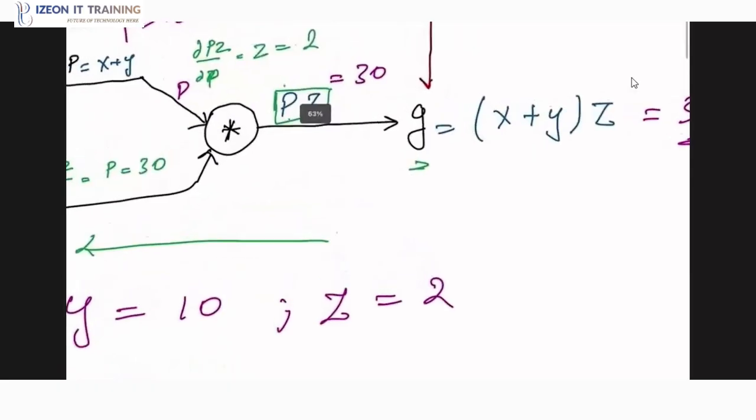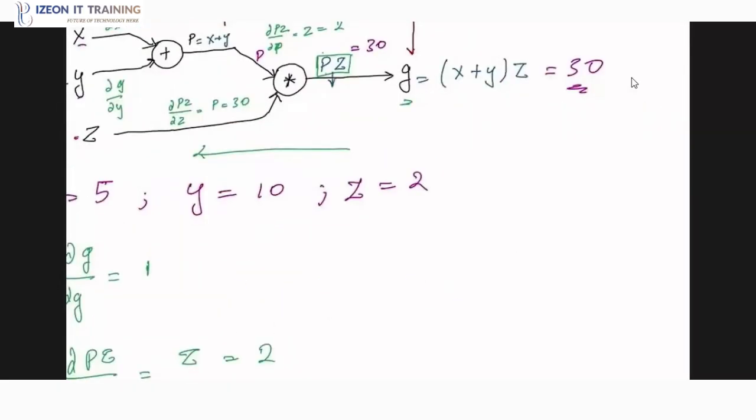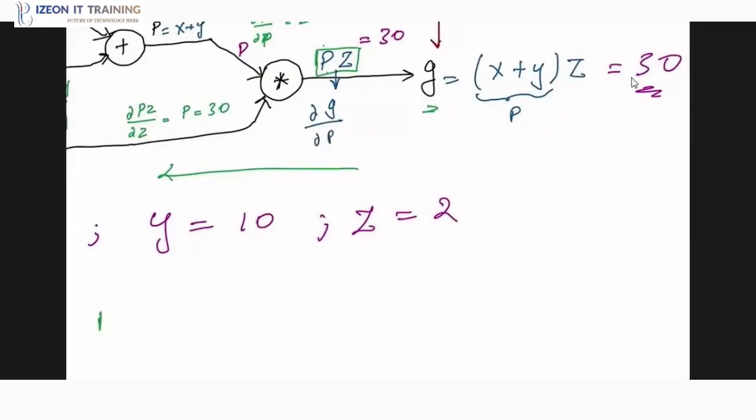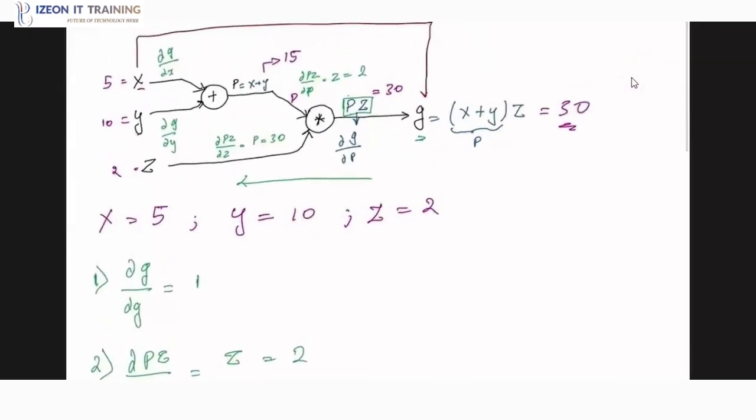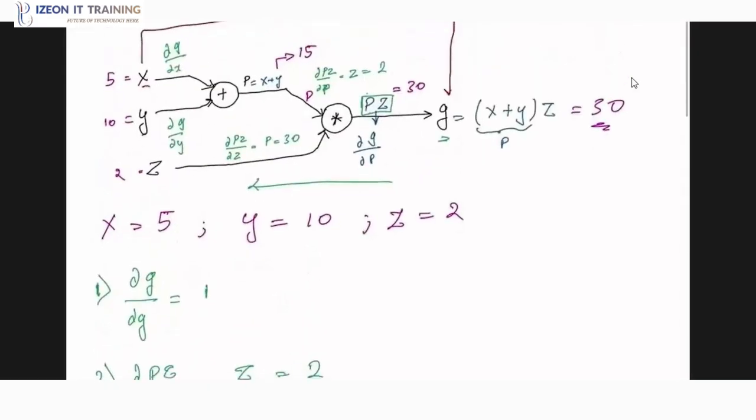Well, if you look closely, this pz over here is nothing but g, because after computation we are getting this, and p here refers to x comma y. So this is pz. Now we will try to form delta g by delta p. And what is the value of this? If you remember this, what would be the value of dou g by dou p?